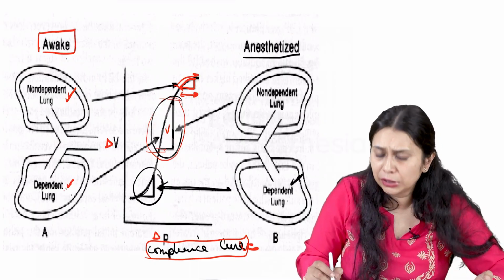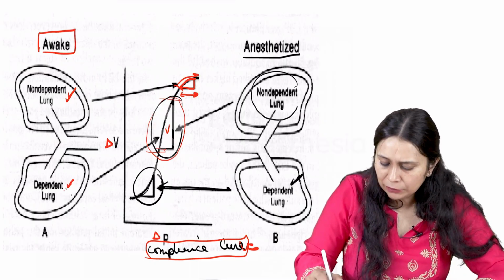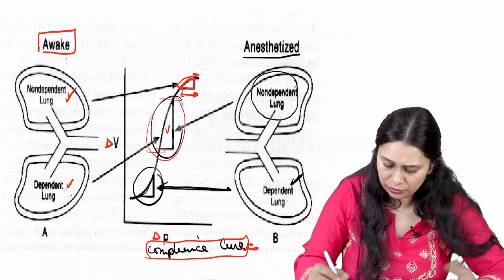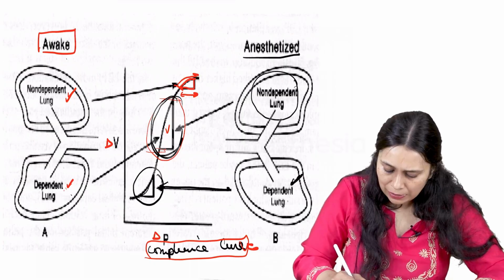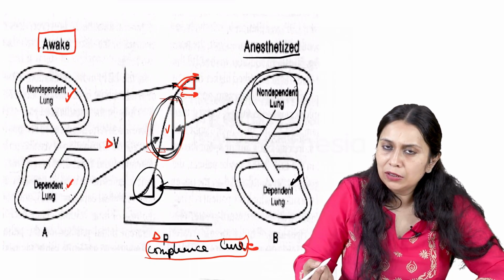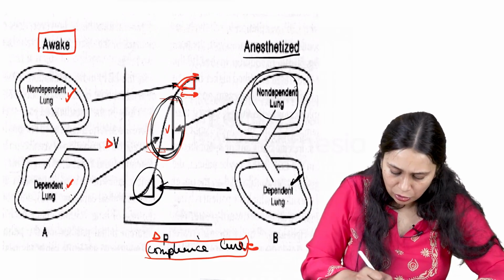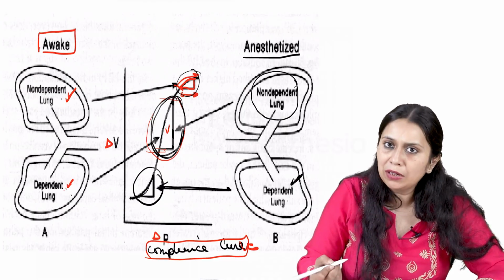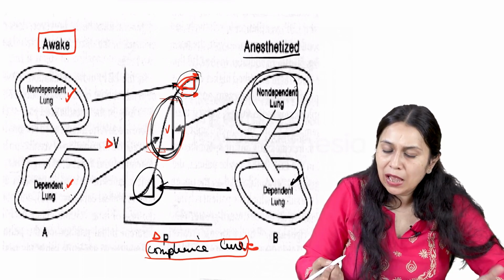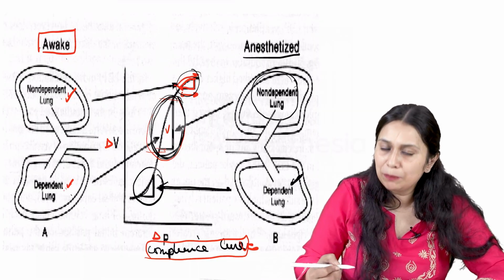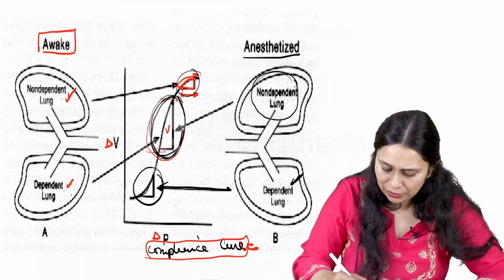The compliance is reduced. And the non-dependent part in the anesthetized patient shifts to the favorable position, to that portion of the lung compliance curve where it is better ventilated. In the awake patient, the non-dependent part was on the upper part, where there was less ventilation happening. In the anesthetized patient, the non-dependent part goes into the steeper part of the lung compliance curve, where it receives more ventilation.